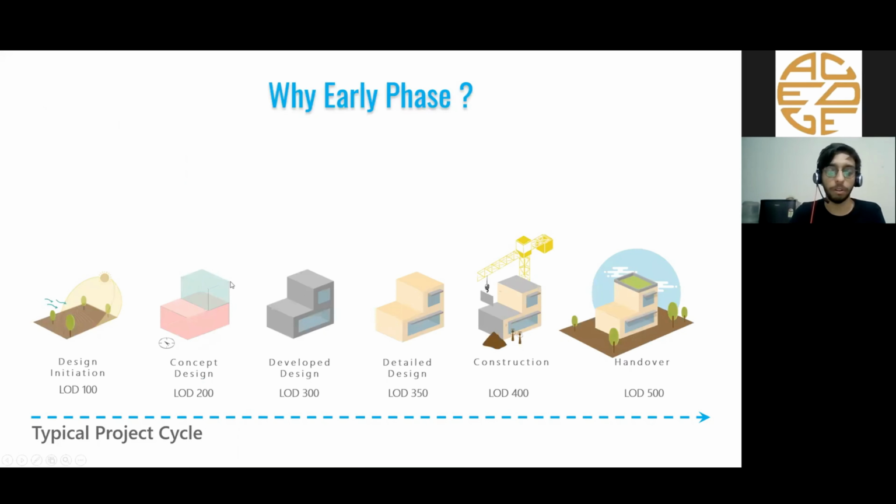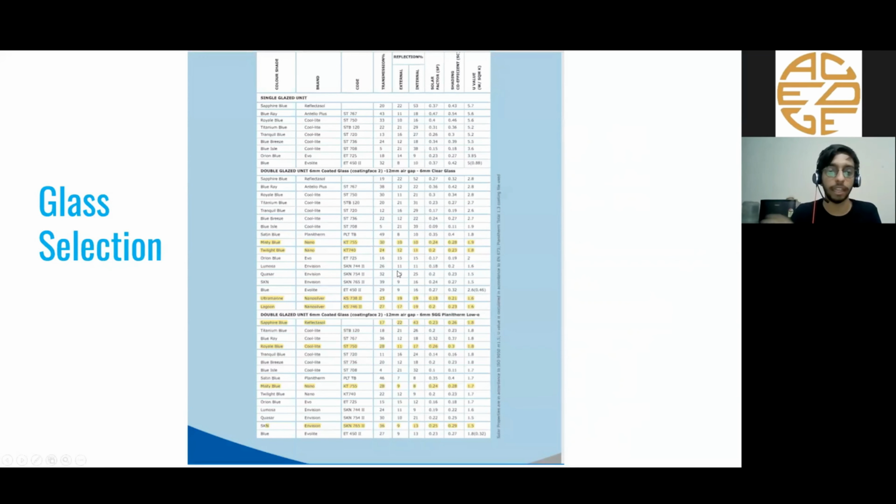Most of the time you won't get the exact one, so you would get something close to it. Suppose from this analysis we got a U value of 1.6. I would go with 1.9, 1.8, 1.6. So all these options I would give to the clients, and the other stakeholders would make the final call. So it's an iterative process.